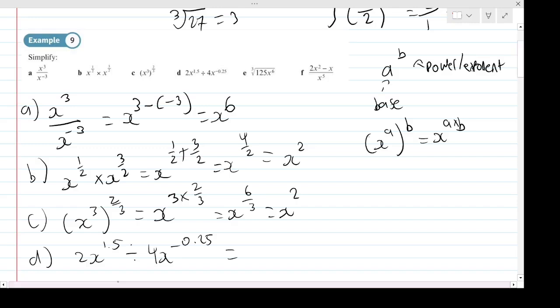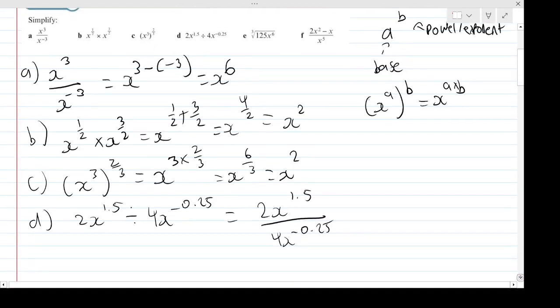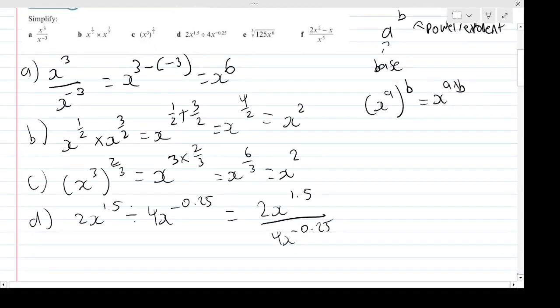Because this is division. So realise we can write this as a fraction of 2x to the 1.5 over 4x to the minus 0.25. Hope that's just how we can flip from divisions to fractions. And it's best to do it here to really see what we can work with.